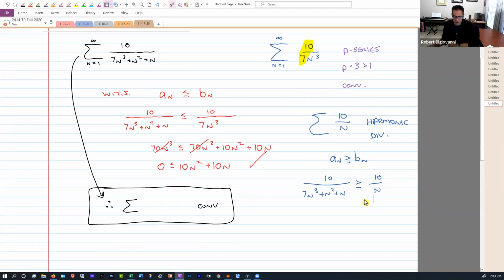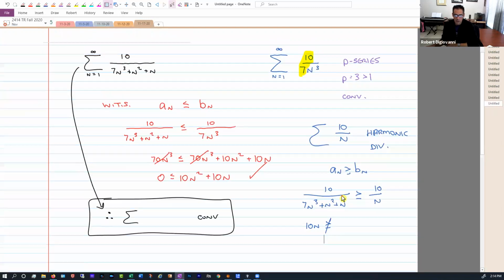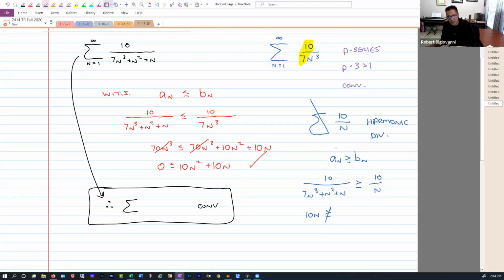And I'm pretty sure you're not going to be able to show that's true. Because you'll multiply both sides, you'll get like 10n on the left. Other side, you're going to get this huge cubic polynomial, and it won't be true. Which means the test failed. Like again, that right here would mean the test fails. You could not conclude then that this thing converged.